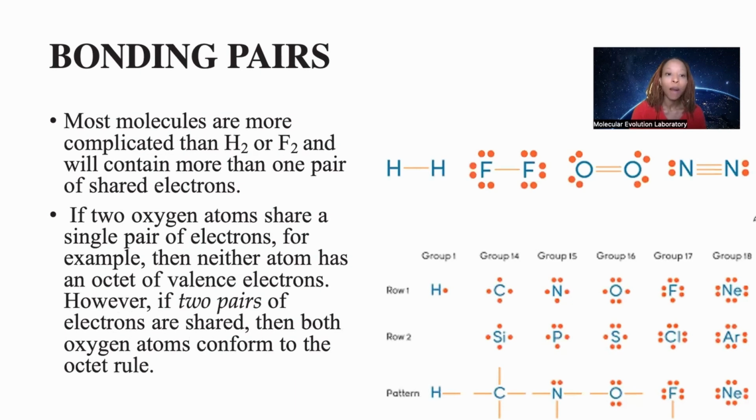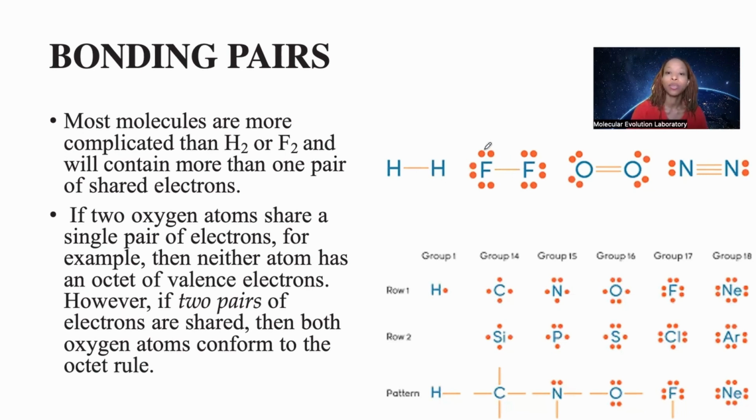Most molecules are more complicated than hydrogen or difluoride and will contain more than 1 pair of shared electrons. So for example, if 2 oxygen atoms share a single pair of electrons, then neither atom has an octet of valence electrons. More electrons have to be shared in order to satisfy the octet rule. We have the bonding pairs here as well.